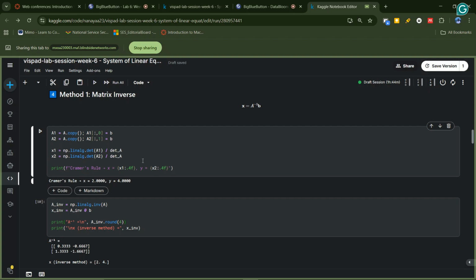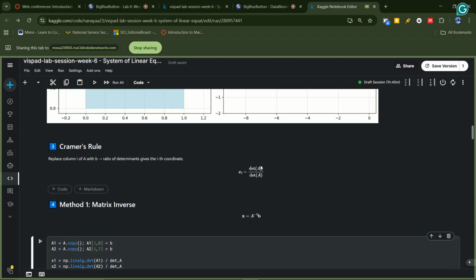Cramer's rule is saying that x is equal to det A superscript x over det A. Then you ask yourself, what do we mean by this expression?